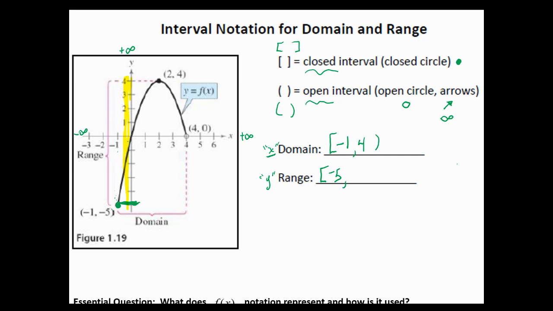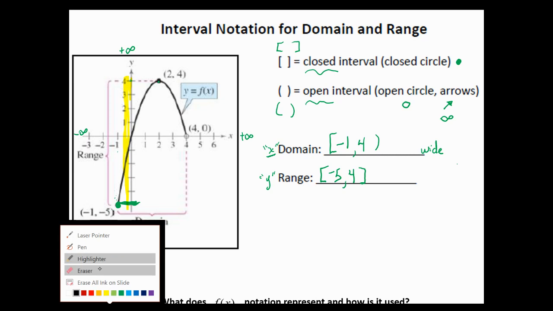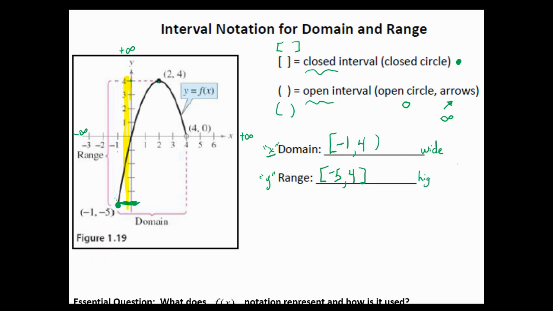And then how high does something go? All the way up to here. And if you look across, it's at 4. And that's another closed dot. Doesn't go any higher than that because there's no arrow. Okay, so how wide something is is the domain. How high or low something goes is your range.